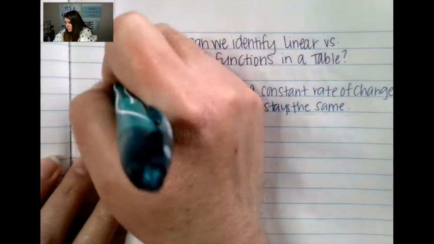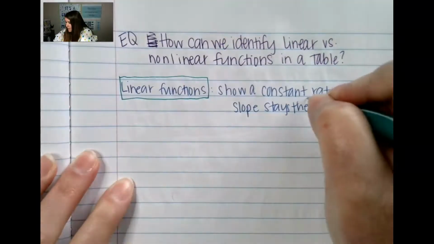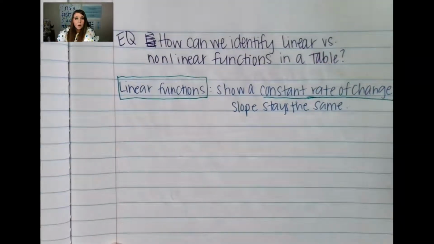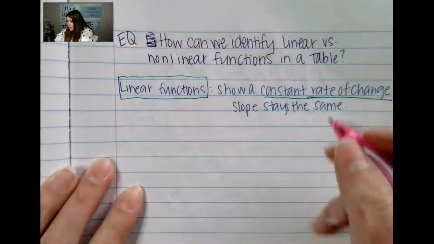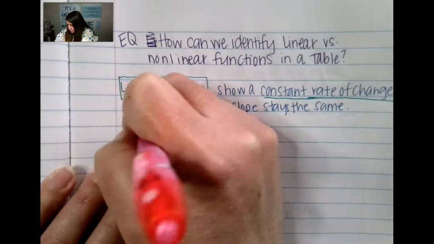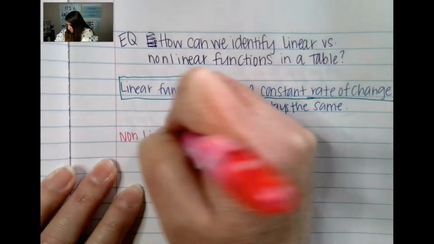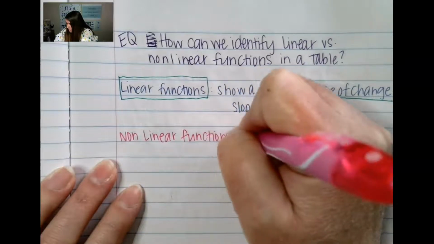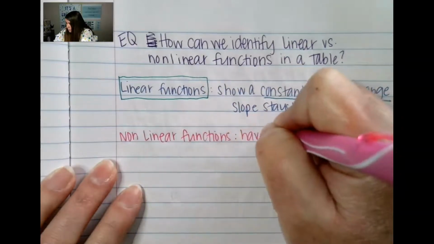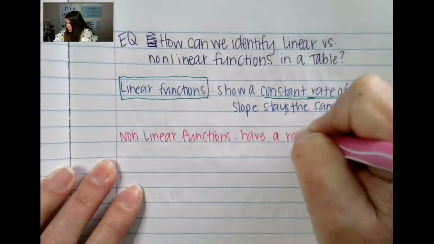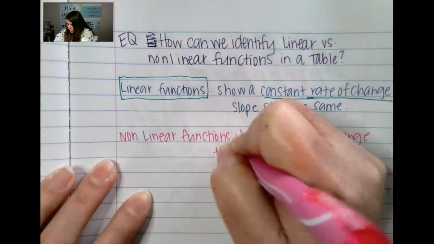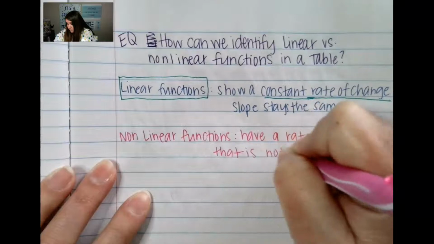So if linear functions have the same rate or constant rate of change, the nonlinear functions do not. Okay, so nonlinear functions have a rate of change that is not constant.